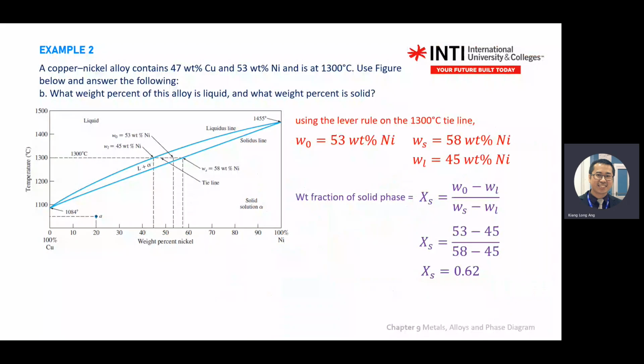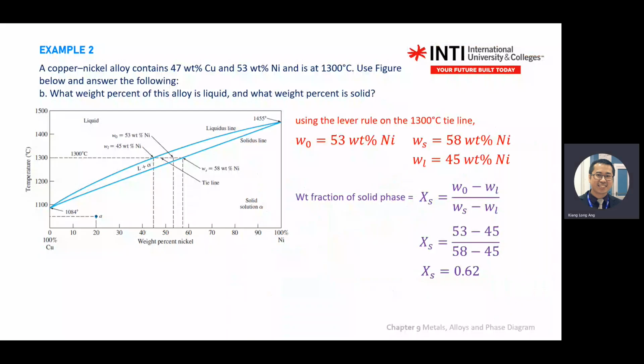Then at this point, this is the X. The question asks you for this position, so the question asks 47% of Cu and 53% of nickel. So no matter whether you use nickel or copper, the liquid or solid phase that you find is still the same, because you are looking at a point. Understand?